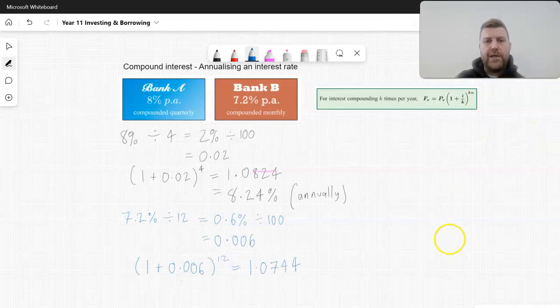And again, we're just looking at that decimal section, so those last 3 digits, 7.44. We're taking away the 1, multiplying by 100 to convert it back to a rate. So it's 7.44% as an annual rate.